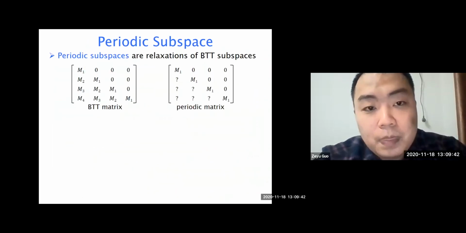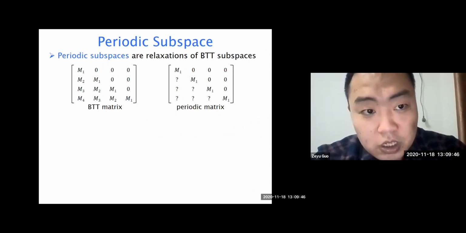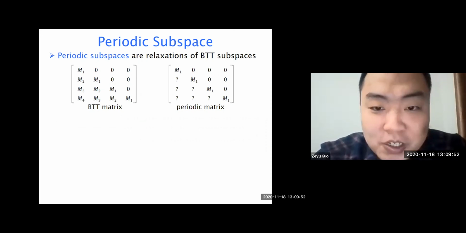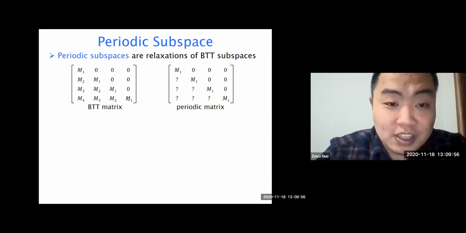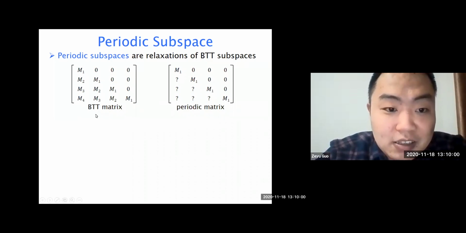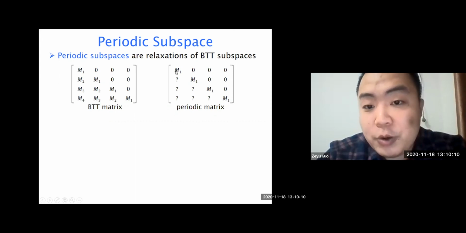To construct it, we have to introduce a relaxation of the BTT subspace, which is called the periodic subspace. It was already used before in the Guruswami-Kopparty paper. Here is the definition of periodic subspaces. On the left-hand side, this picture is a BTT subspace, a 4x4 block matrix. The periodic matrix is a relaxation of the BTT matrix.